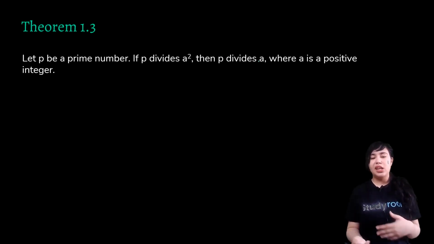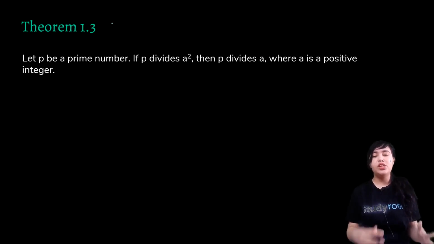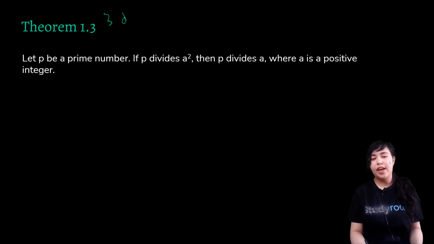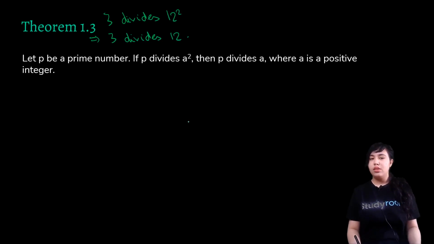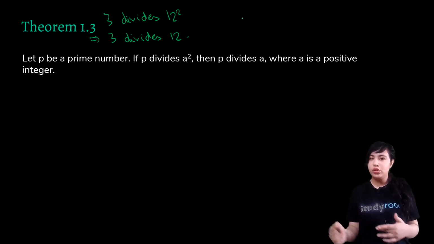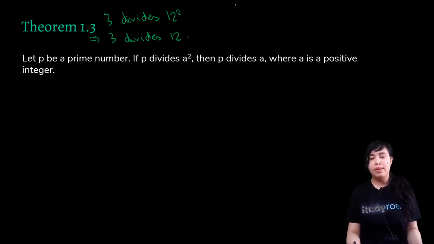It is as simple as that if you just consider the statement alone. If I say that 3 divides 12 square, then they are trying to say that 3 divides its square root as well, which is 12. Okay, now how is that possible? We know that we can write 12 as 2 to the power 2 into 3, by the prime factorization method.